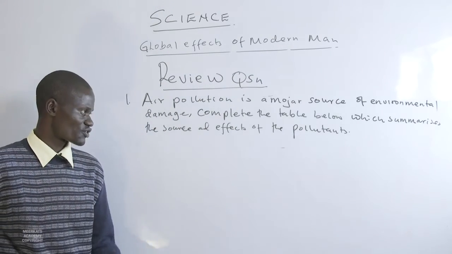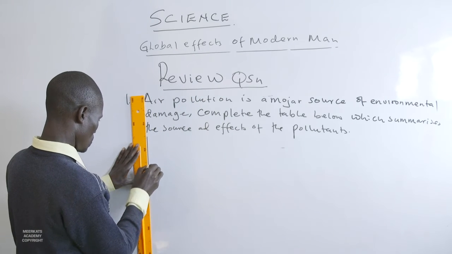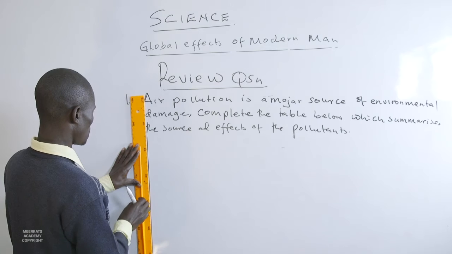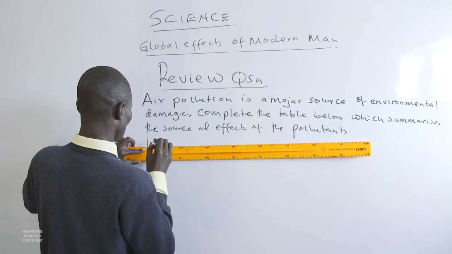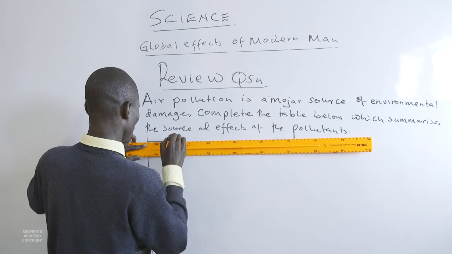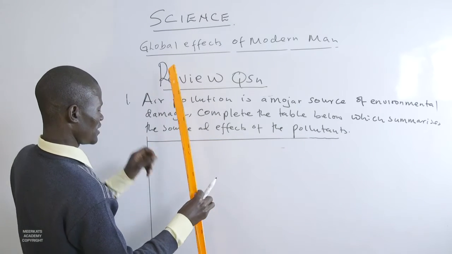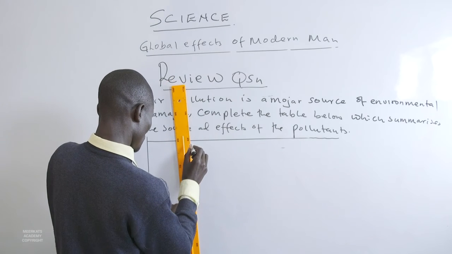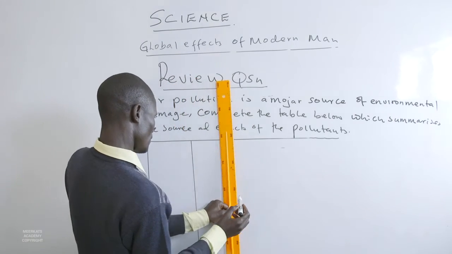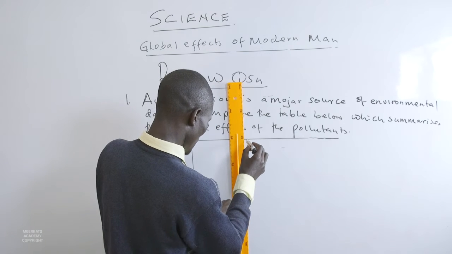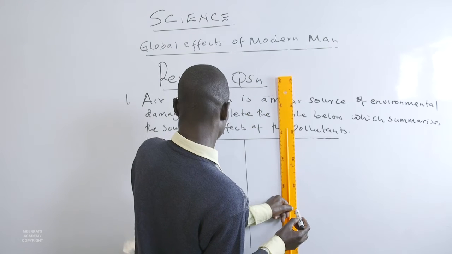This table is very simple. We have a very simple table that will help us to look at various forms of pollution in the global world, actually specifically air pollution.